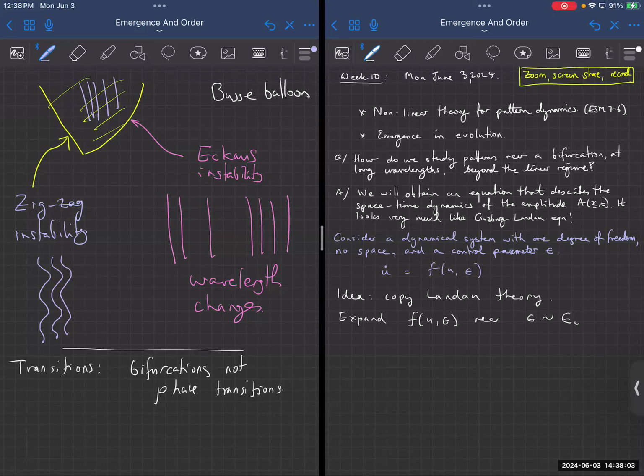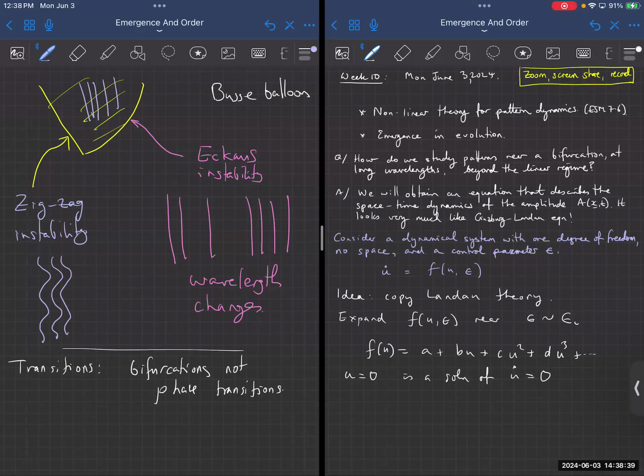So we're going to say, all right, f of u is some constant a plus b times u plus c times u squared plus d times u cubed plus dot dot dot. That's just an expansion, and what we want is that u equals 0 is a solution of u dot equals 0.